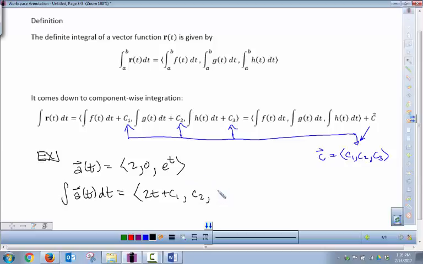And then e to the t, the antiderivative of that is e to the t again, plus another constant, C3. Yep. Thanks. Okay. So that's pretty straightforward, right? Taking antiderivatives, pretty straightforward.